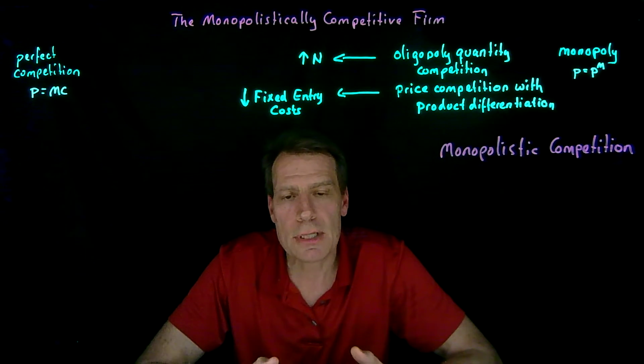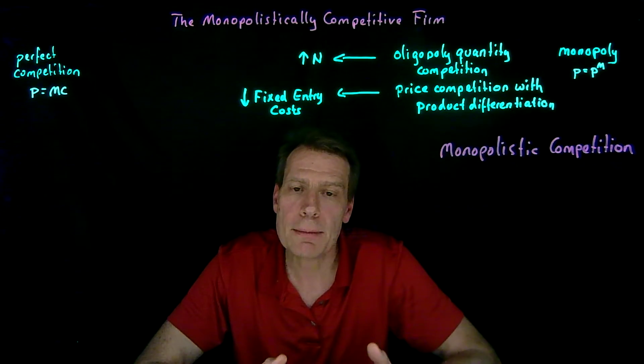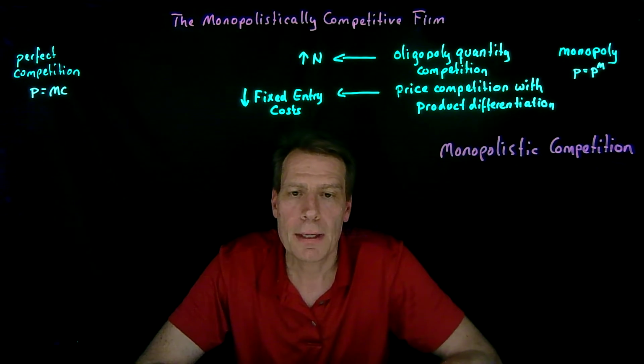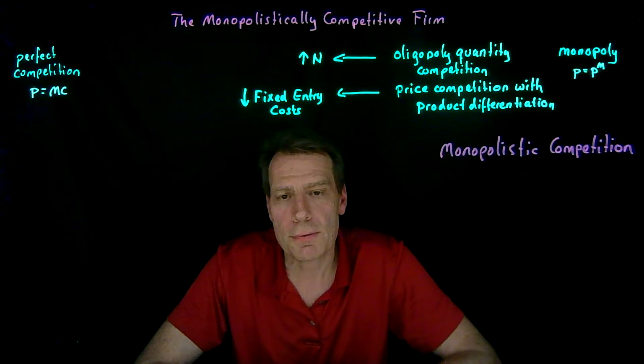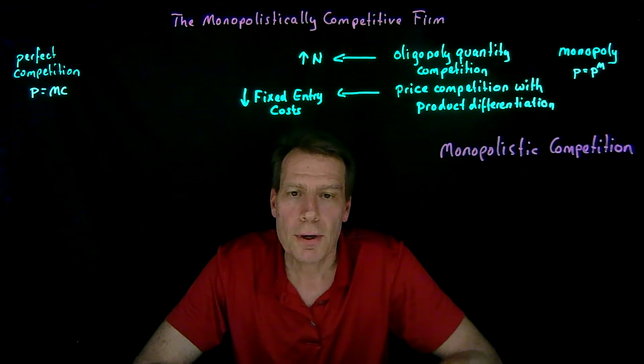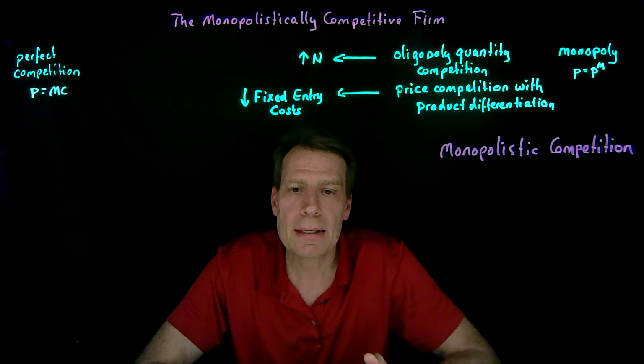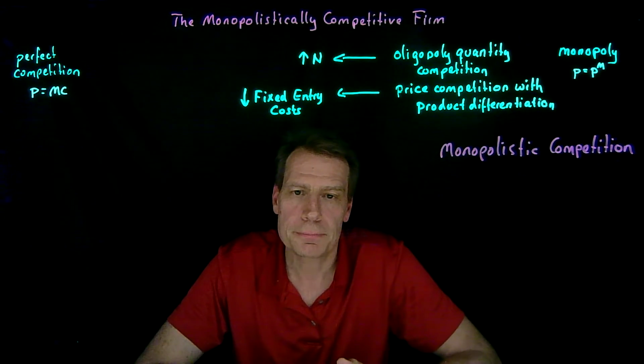But the firms outside of the industry have not paid that fixed entry cost. It is not a sunk cost for them as they think about entering that market. And so they take that cost into consideration. And the number of firms in the industry will have settled so that the next firm entering would be making a negative profit by entering when we count their fixed costs.